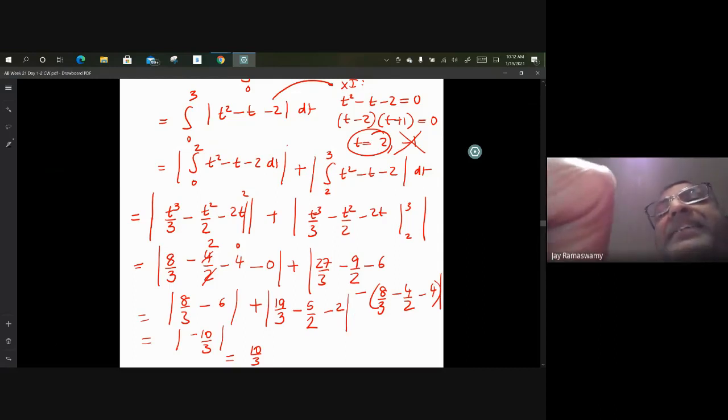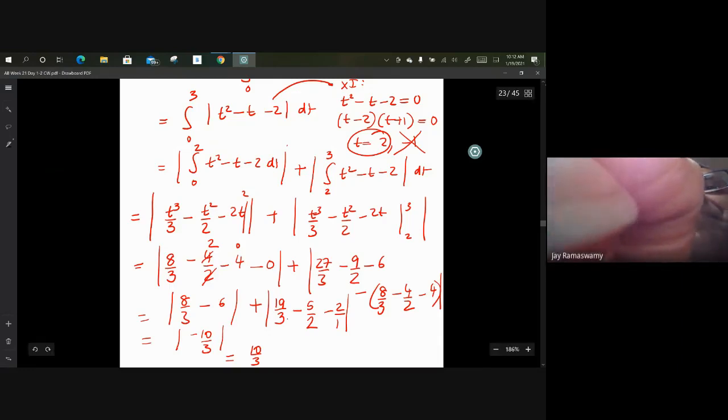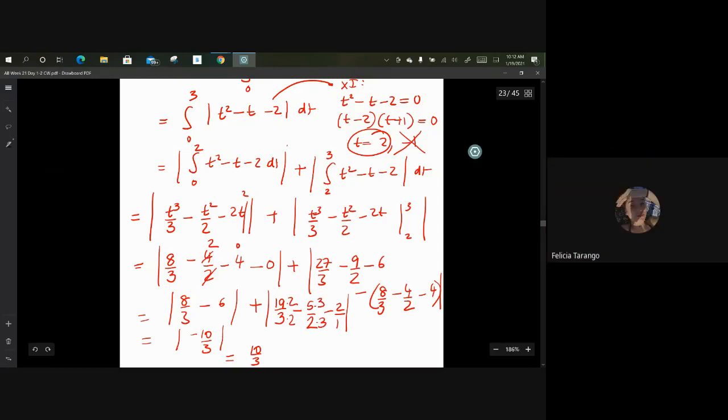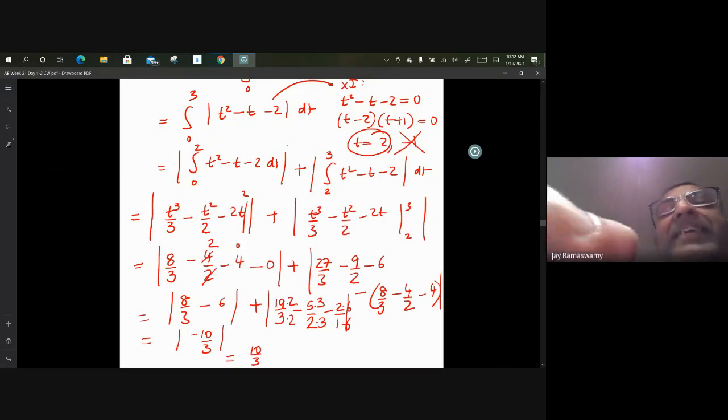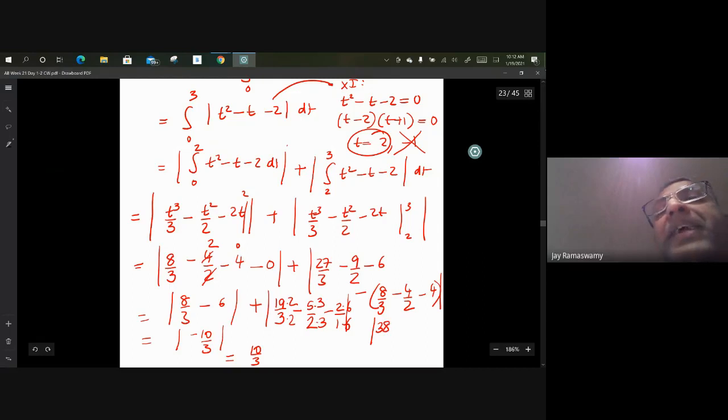Okay. Guys, let's take LCMs. What's the LCM of 3, 2, and 1? 6. Yes. Don't be lazy, actually do it. 19 times 2 is 38, minus 15, minus 12, over 6. Simplify that.